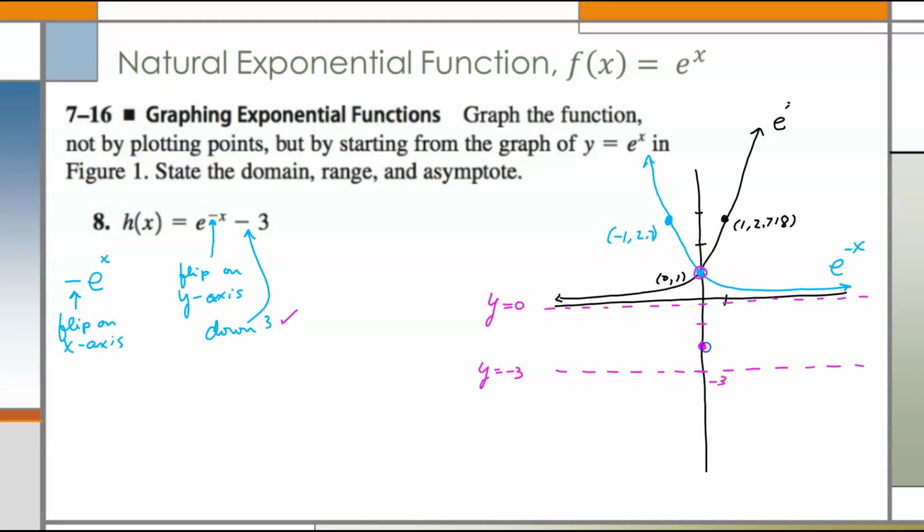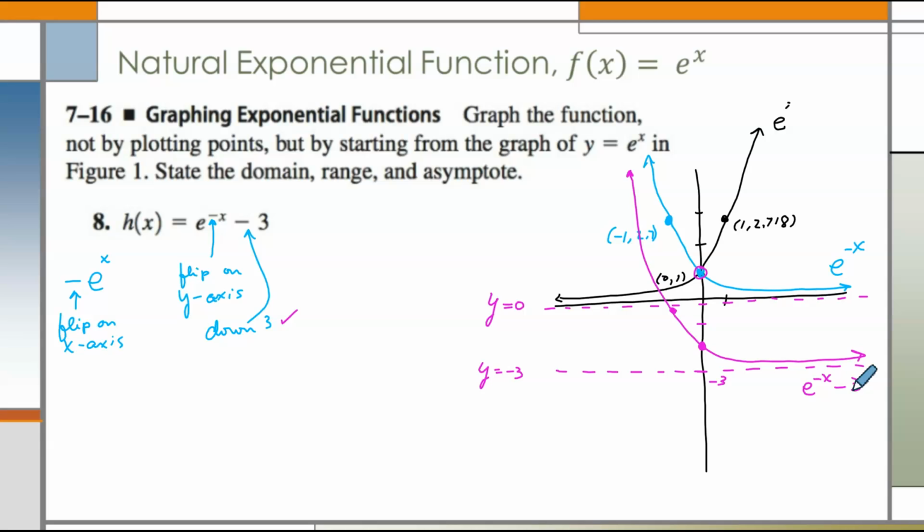There's our new y-intercept. Let's slide that graph down. Shape doesn't change. We slide our graph down, and this gives us e to the -x minus 3.